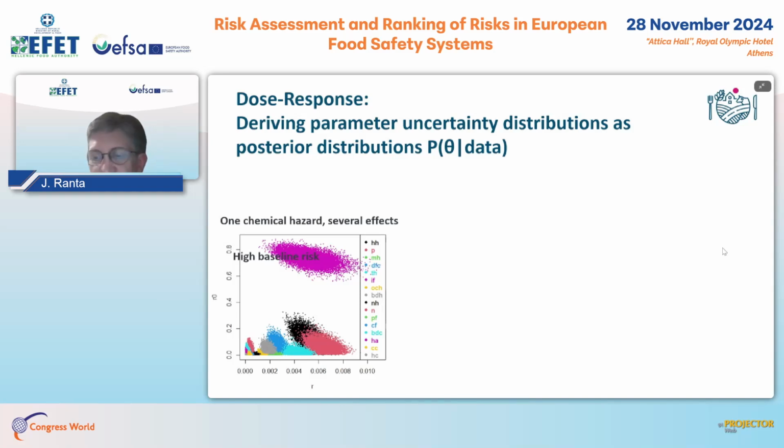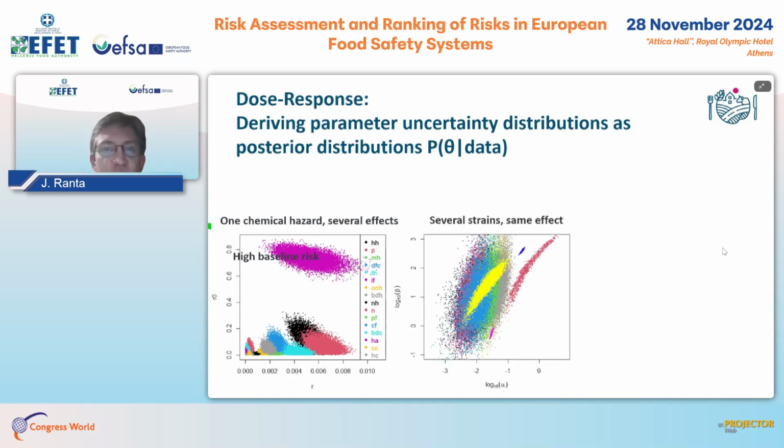For the microbiological hazards, there can be several different bacteria strains, and we can have dose response data for each bacteria strain. You see that some of those strains and the dose responses again can be more accurately estimated than others. So there's again a big difference in the uncertainties for some of the bacteria strains about what kind of dose response there possibly could be.